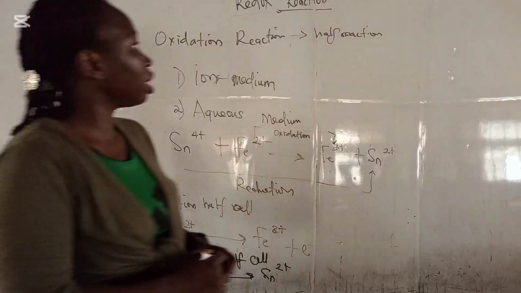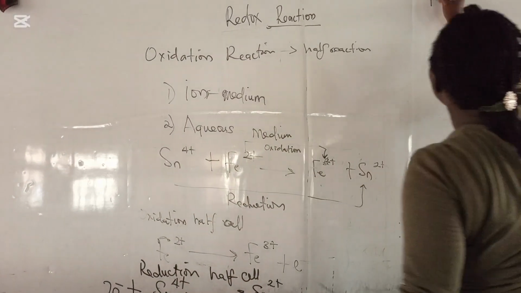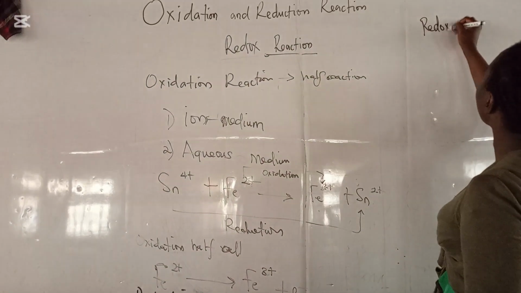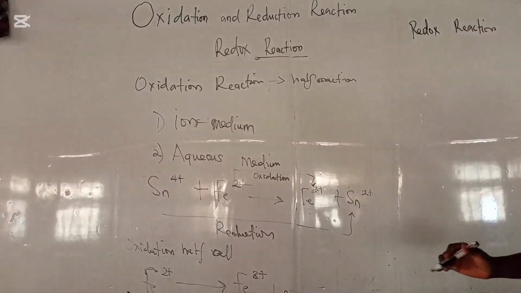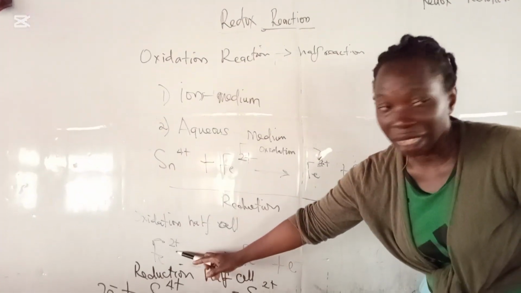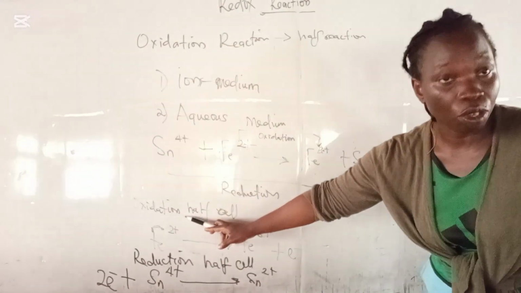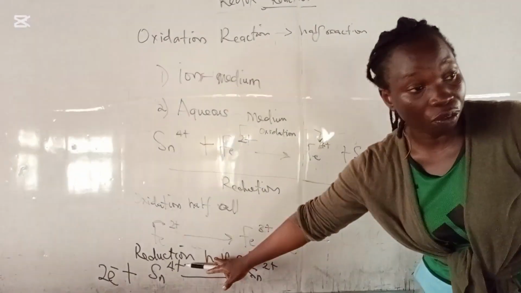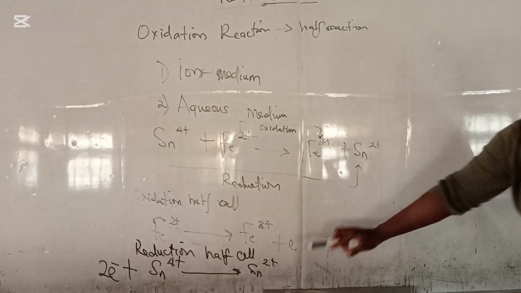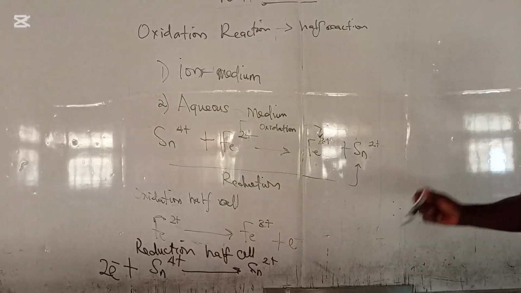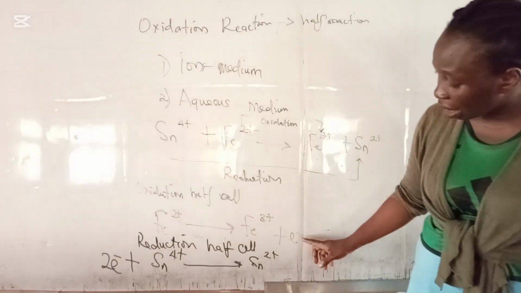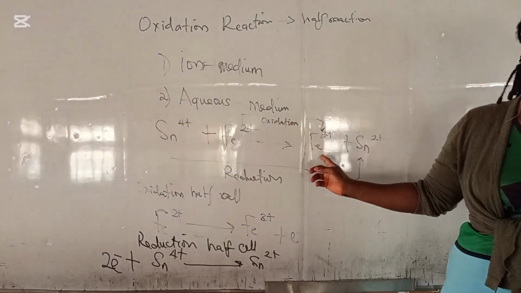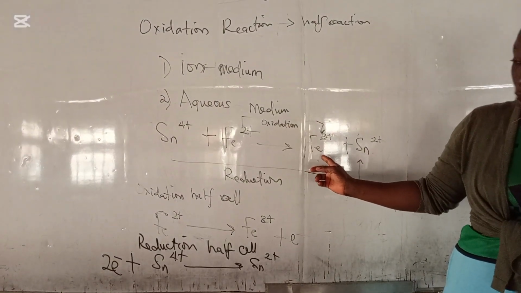Now for us to get the full redox reaction, it means we will add reactant to reactant, that is reactant of the oxidation to reactant of the what? Reduction. Same to what? Product. But before we add, we will try as much as possible to cancel out this electron so that it doesn't show in the reaction, because we have balanced it.